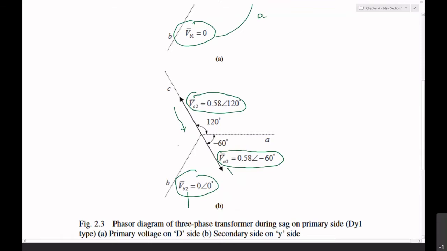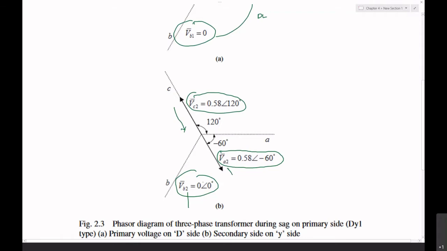With this, you cannot even judge that a double line to ground fault has occurred on the primary side. By observing the secondary voltage, we cannot judge what type of fault has occurred in the system.